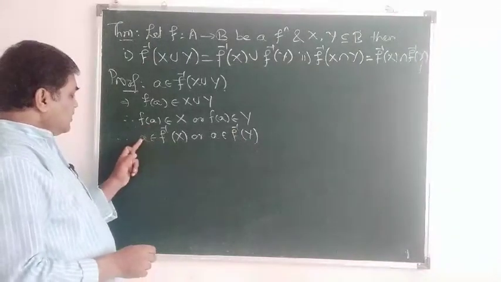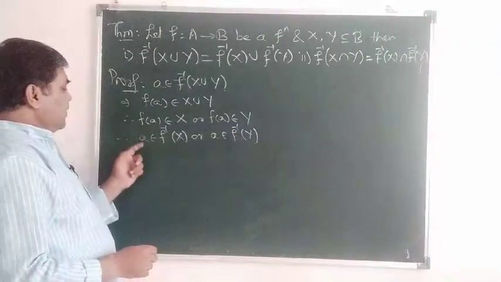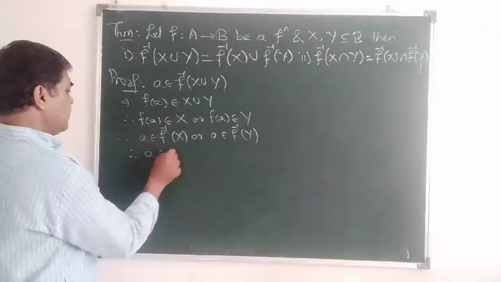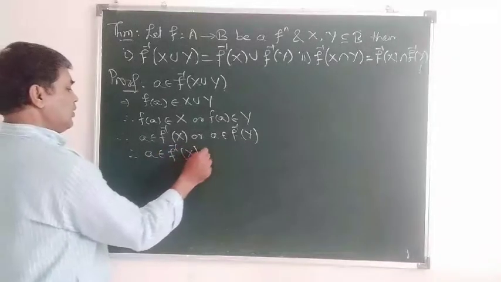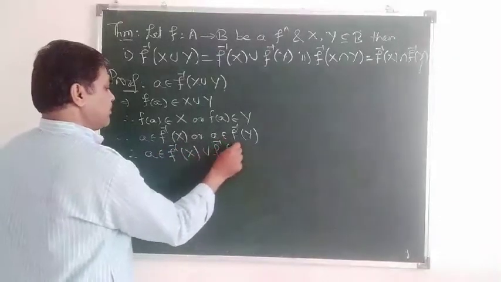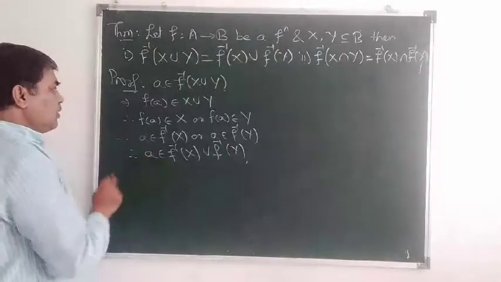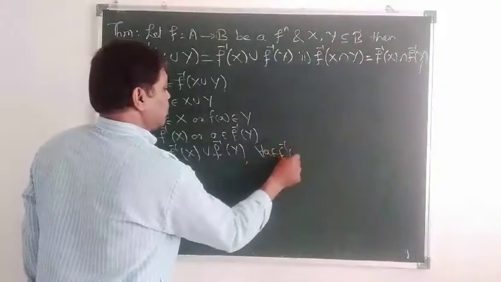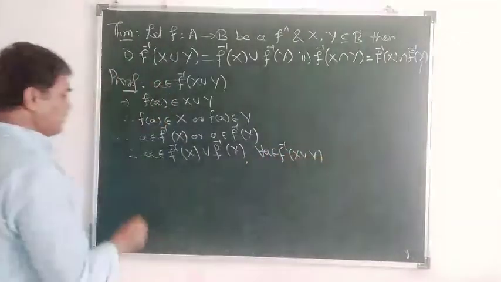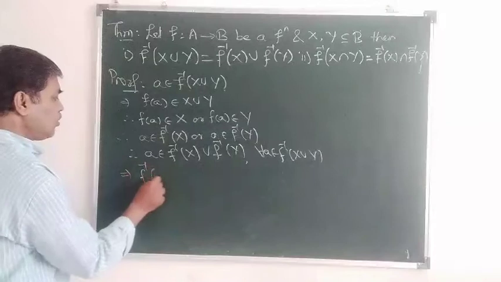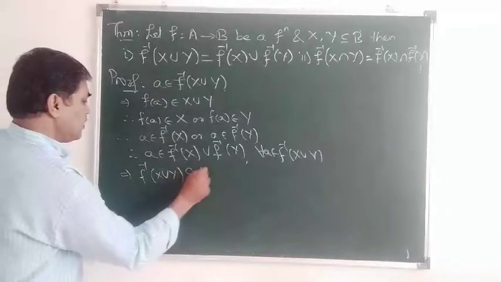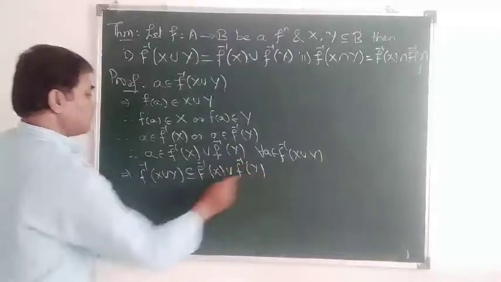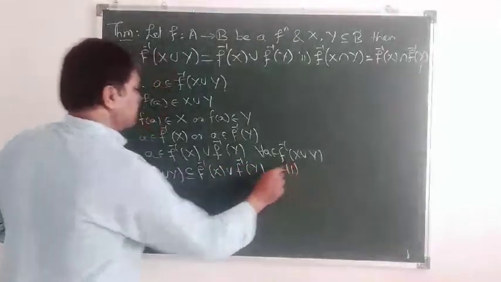Therefore, a belongs to f inverse X union f inverse Y. And as this holds for any arbitrary element a, f inverse of X union Y is a subset of f inverse X union f inverse Y. Okay, we'll take this as 1.